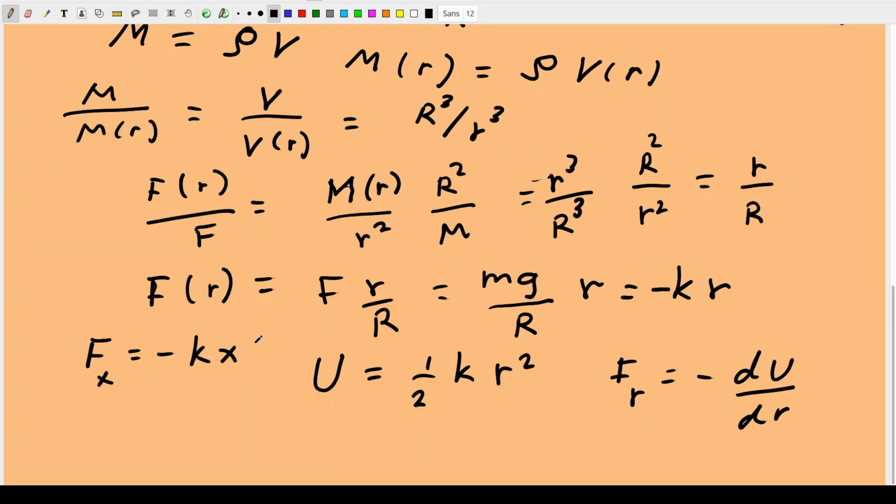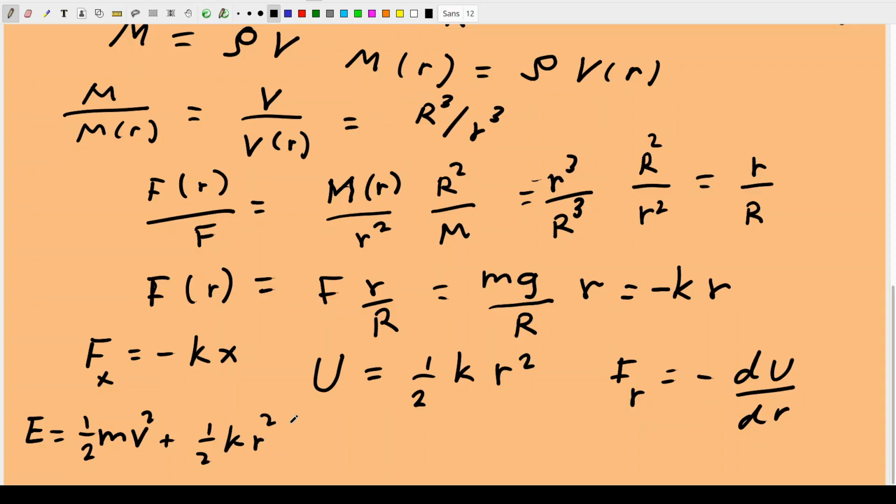So here is the potential energy, and we also have kinetic energy. So what we have is this: 1/2 m v squared plus 1/2 k r squared.